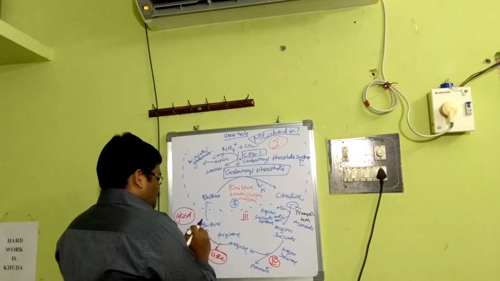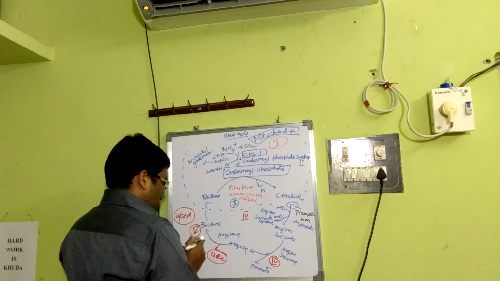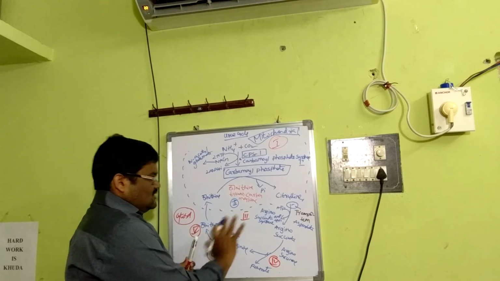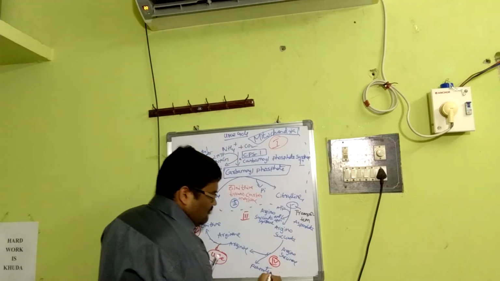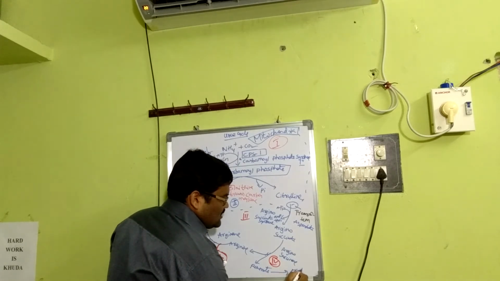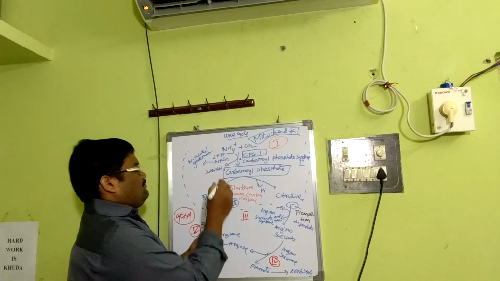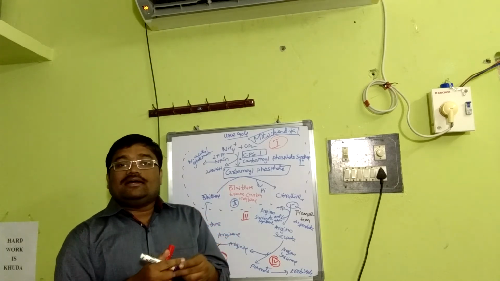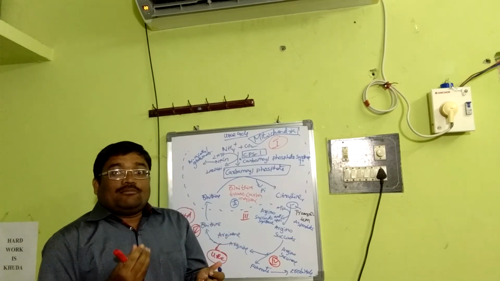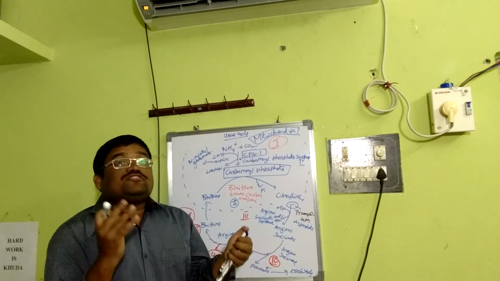This is the final step. This is very important, and the fumarate will get into the Krebs cycle. So these are the 5-step reactions. That means a 5-step metabolic cycle. I have already discussed that the urea cycle is a 5-step metabolic cycle.